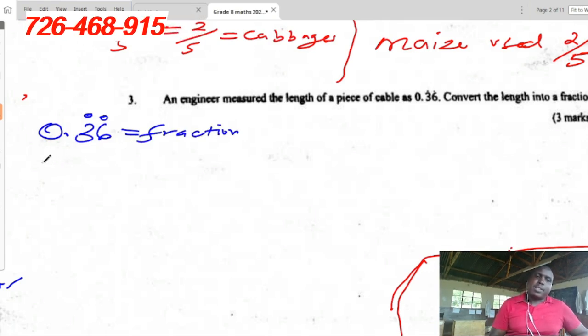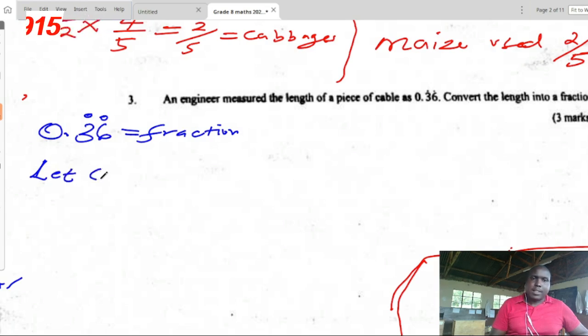So the first thing you do, you say let 0.3636 repeating. So what is repeating here is 36.